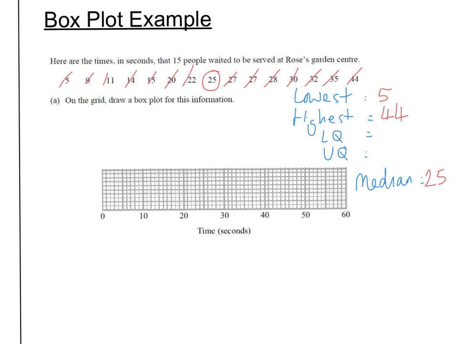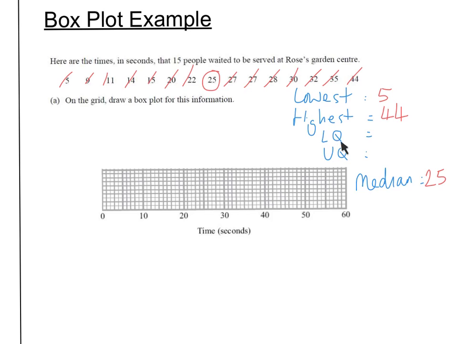Now, a quicker way of finding the median position is if there are 15 people expressed in that data collection, add 1, that will give 16, half it gives 8, 8 is the position of the median. 1, 2, 3, 4, 5, 6, 7, 8. Okay, so it's quite easy to find it from that.